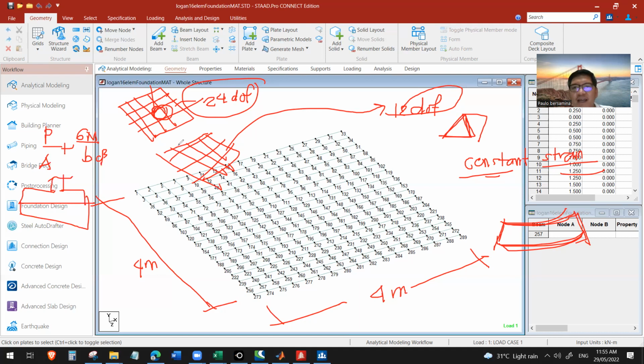Unlike the rigid body analysis na simpleng P over A plus 6M over BD squared, ibibigay na niya yung stresses. In FEM, ibibigay niya yung stresses, yung base pressure, but you should have an idea kung ano yung magiging base pressure niya. So, before you do an FEM, you perform first a manual calculation.